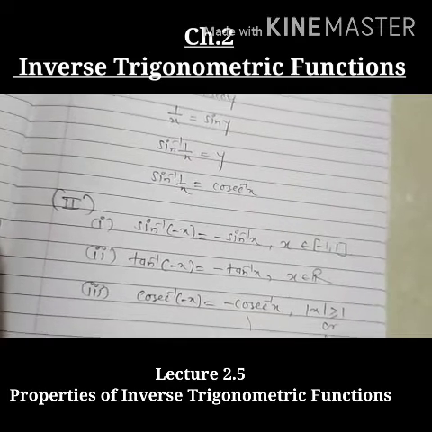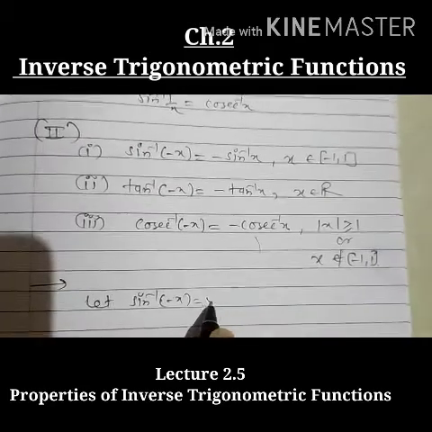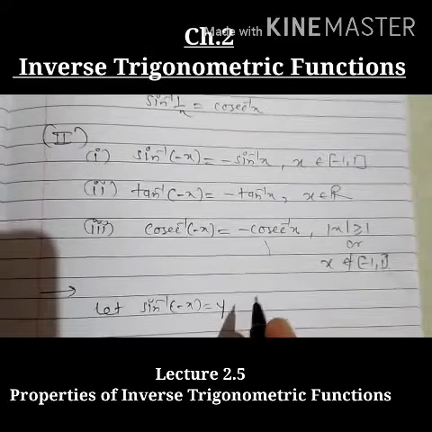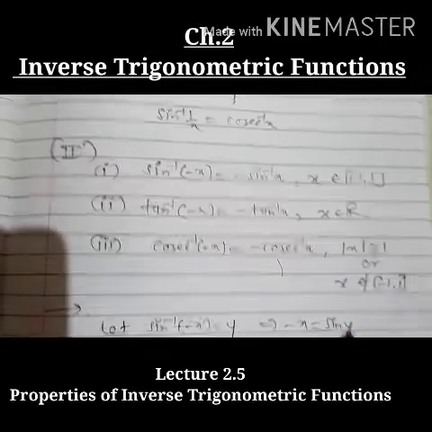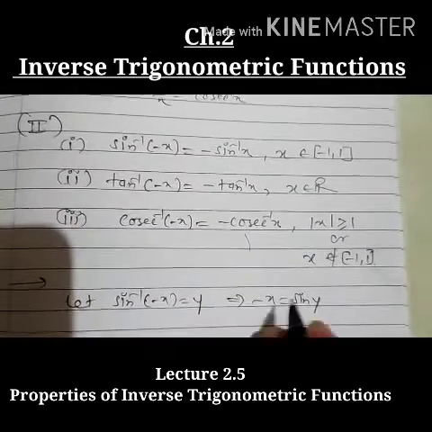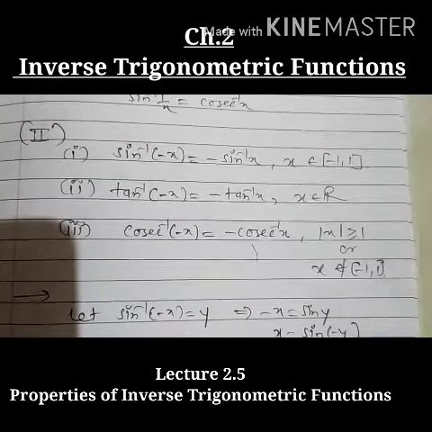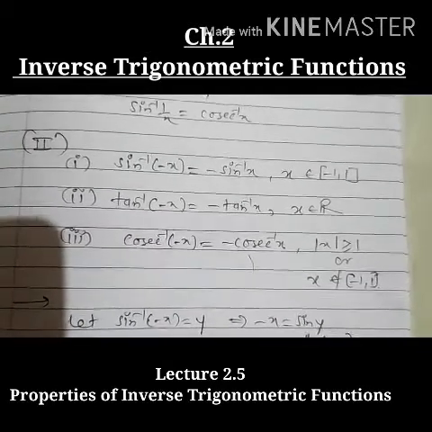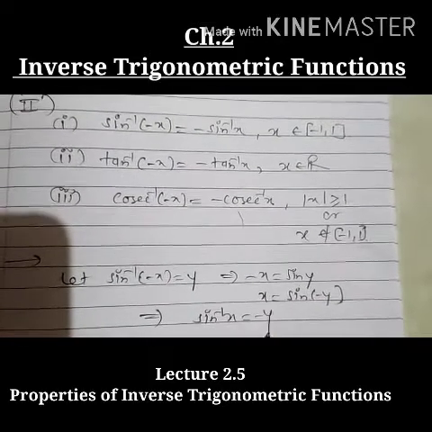Okay. Now for proving the first, we'll consider let sine inverse of minus x be equal to y. That is, minus x is sine y. Can we write x as a sine of minus y? Hence, sine inverse x is minus y.